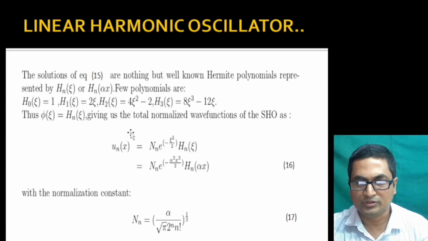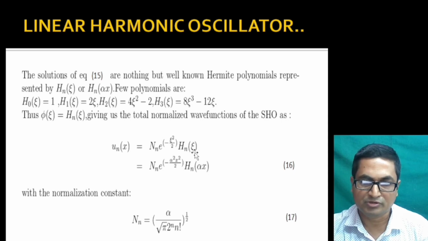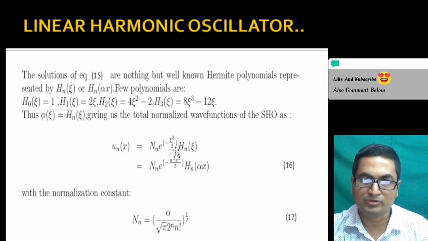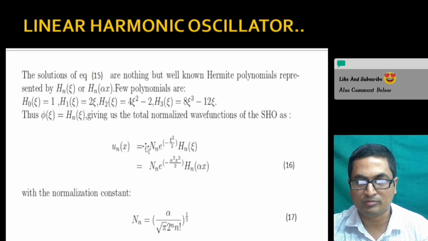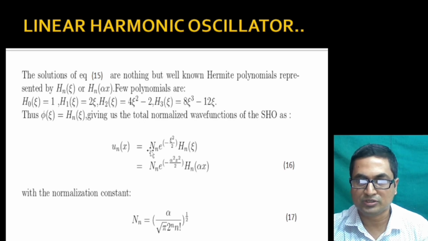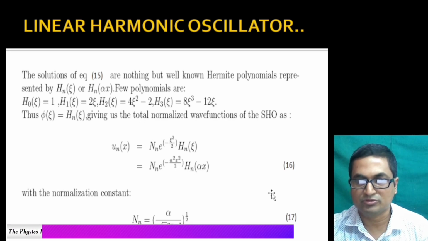And with all this we finally have a differential equation of the form 15, which is a well-known equation leading to our Hermite polynomials. Incorporating this part of phi as Hn Hermite polynomials, our total wave function is this, and when normalized we keep a normalization constant N here as given by equation 17.